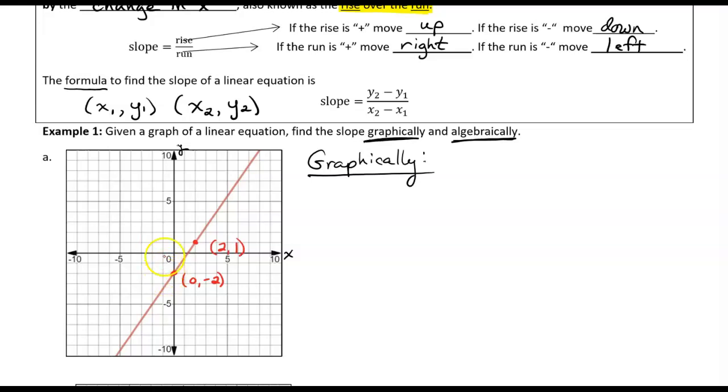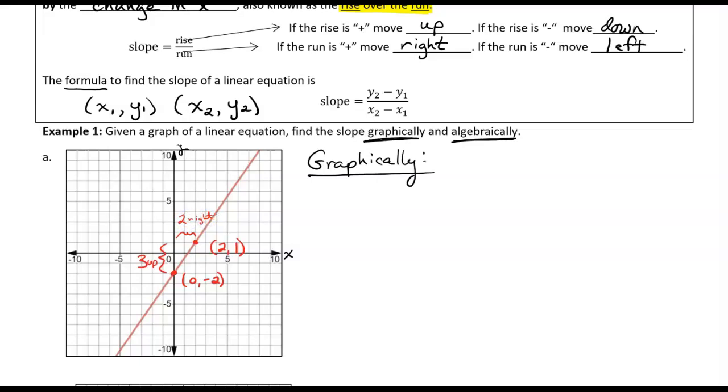My rise is the up and down movement. My run is left and right. So from this ordered pair, I'm going to see how many units up I'm going to have to reach in order to get to that second point. So from here to here, it looks to be 3 units up. Then I'm going to look to see how far to the right or left, depending on the direction of my graph, but in this case it's right. How am I going to have to move to make it to that point? And that looks to be 2 to the right.